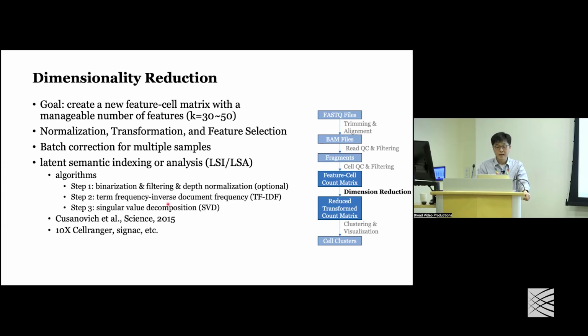Secondly, the TF-IDF transformation is applied to this count feature matrix. And then finally, singular value decomposition is applied to the matrix. It was originally introduced by this paper in 2015 and has been implemented in many popular software tools.